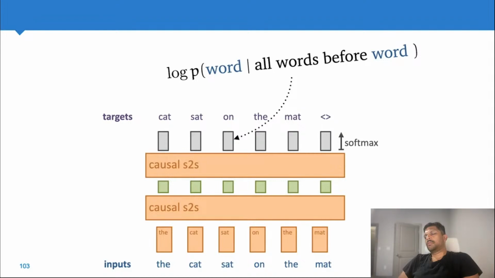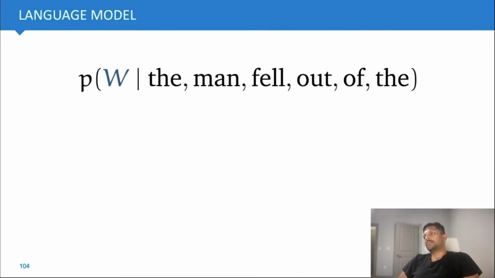So to summarize, if we train a sequence-to-sequence model autoregressively with a softmax output layer, what we get is a conditional language model. Now, this might just seem like a fairly simple statistical model that would be easy to train, but it actually turns out that if you look at what a perfect language model needs to be able to do, it captures not just syntax, not just grammar, but also semantics.